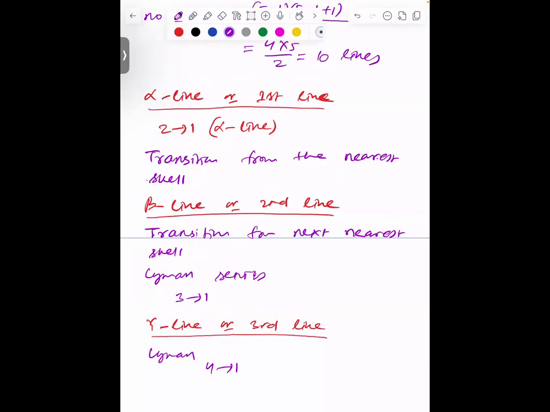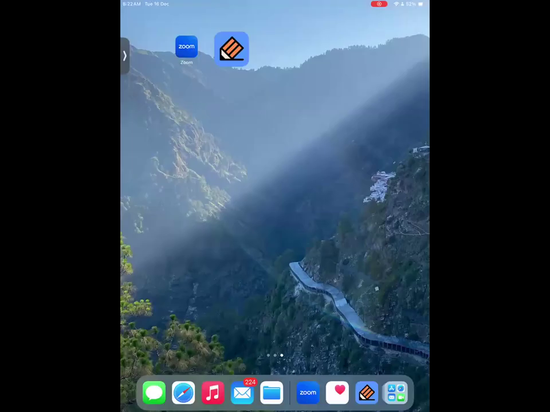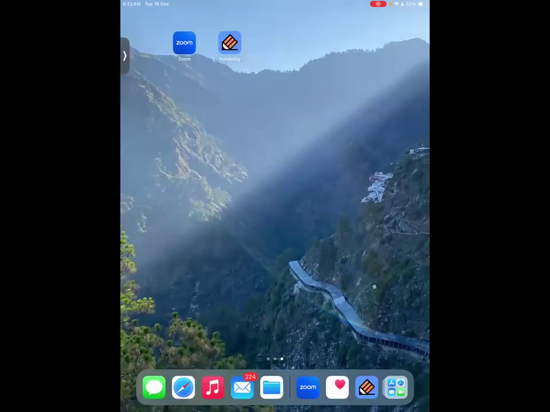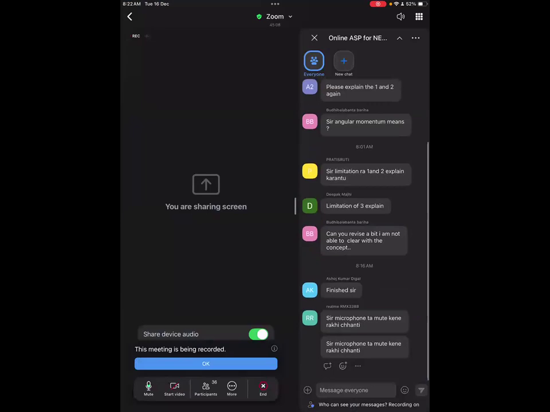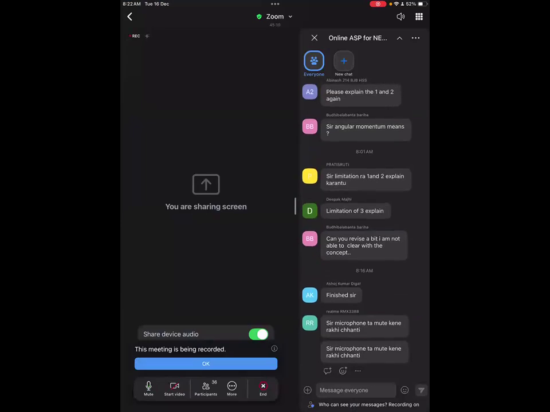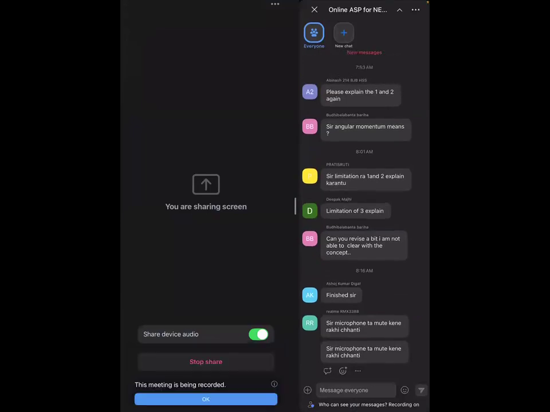Any doubt up to this? Students, raise your hand if any doubt or write in the chat box. If any doubt, students, write in the chat box.